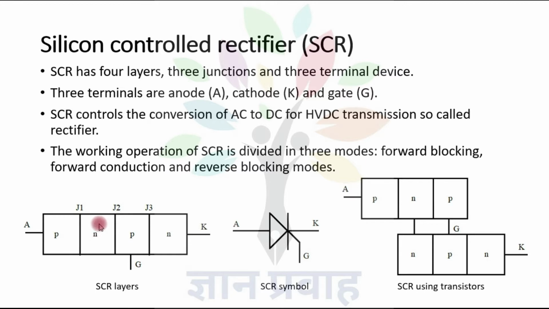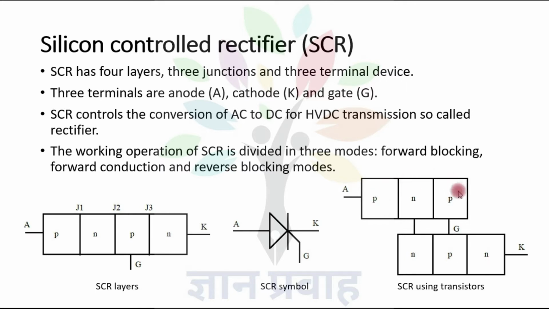If we want to look at this SCR configuration in the form of transistors, then we can see there are 2 types of transistors, and these are PNP transistor and second one is NPN transistor. The arrangement is given here, PNP, NPN.